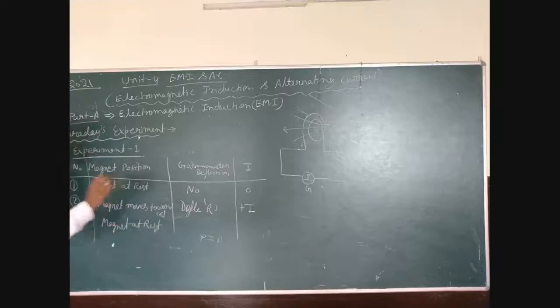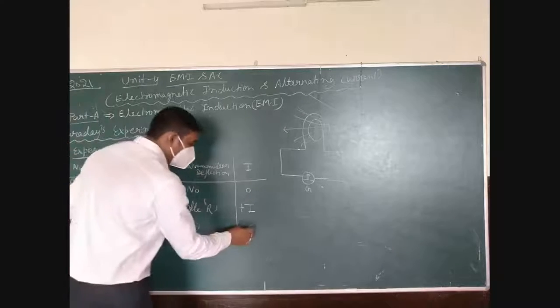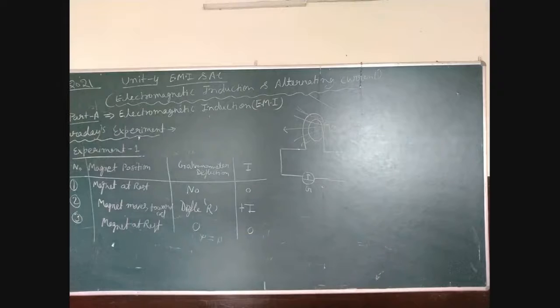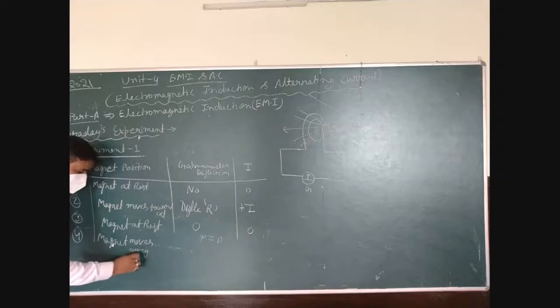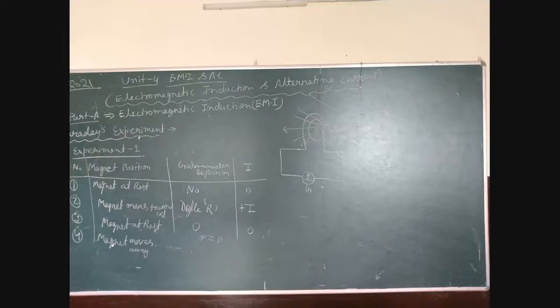At rest, what do we observe? Again, no deflection in the galvanometer and no current. Okay, so the magnet moves away from the coil.